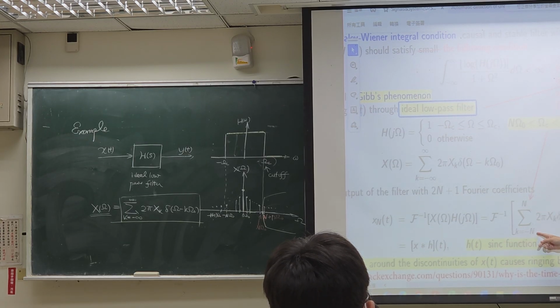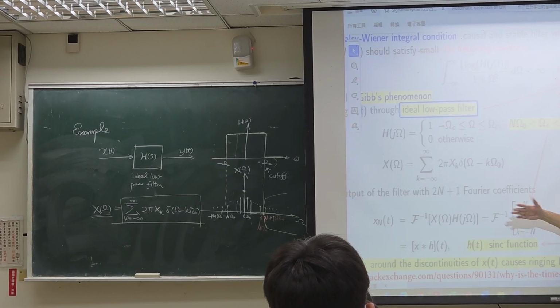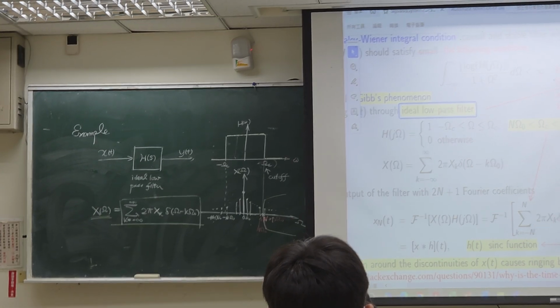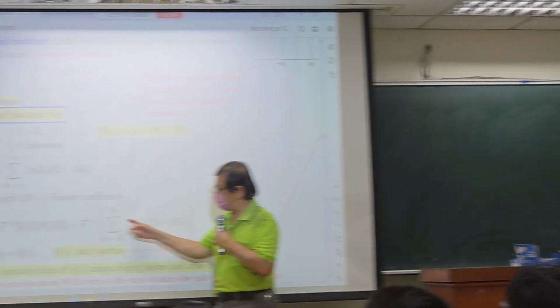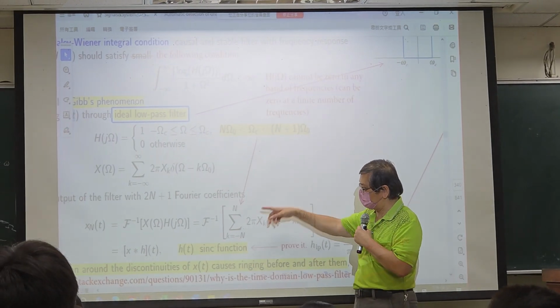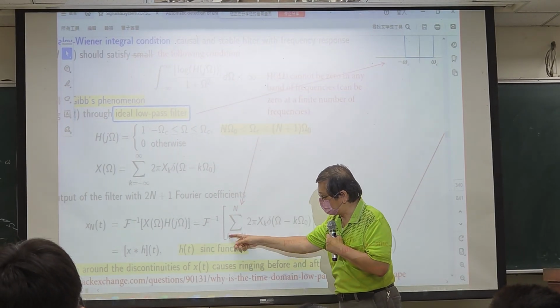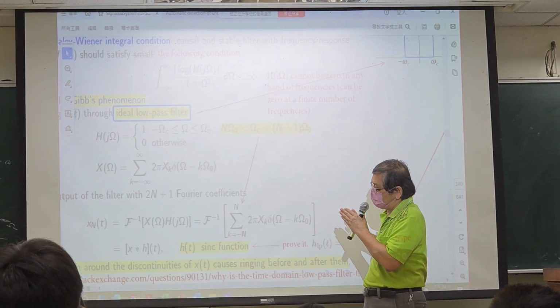The summation is going from negative N to positive N, because those higher than the cutoff frequency are filtered out and attenuated, so they are zero. The amplitude becomes zero, so we only keep the terms within the cutoff frequencies.